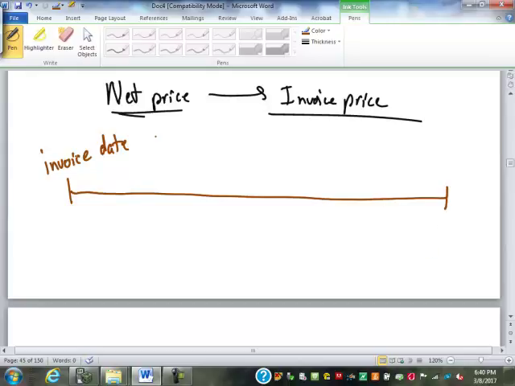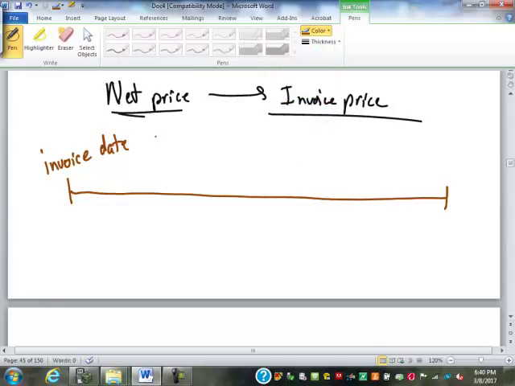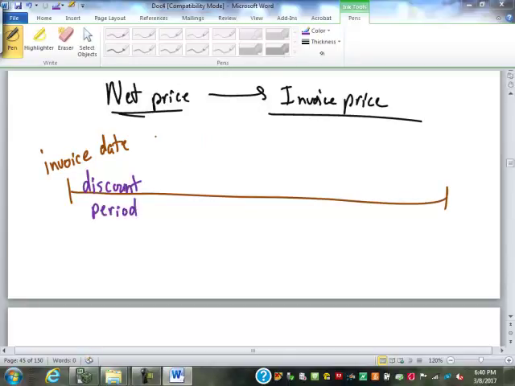And that timeline usually includes a period at the beginning called the discount period. During that discount period, there's going to be a discount for early payment.